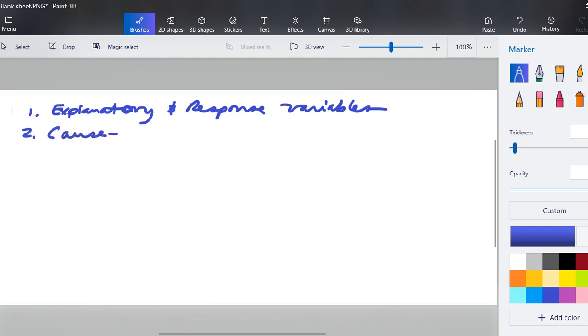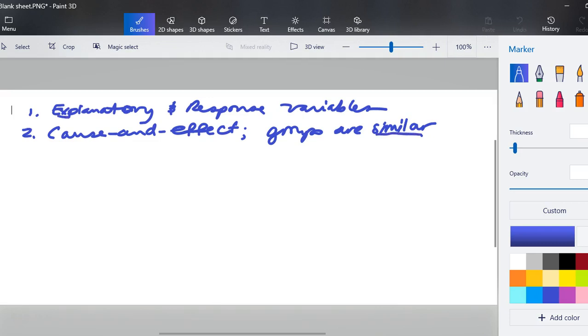For us to be able to say that there is or was a cause and effect conclusion, the researchers must divide the subjects into groups that are similar. We are trying to take all of the other variables out of the equation. And if we have similar groups and we're focused on the explanatory and response, we are going to be able to say we have a cause and effect situation.